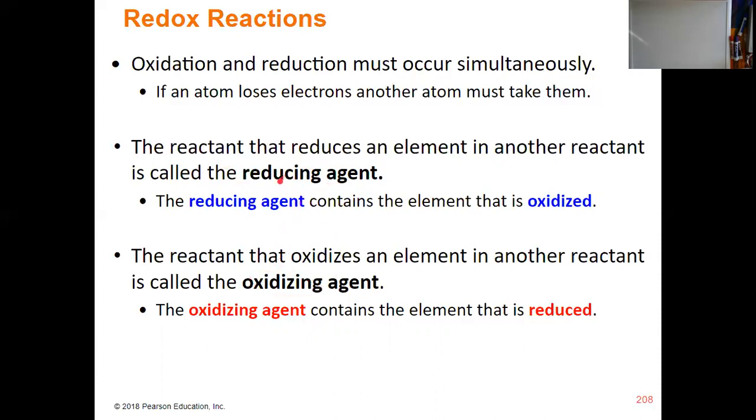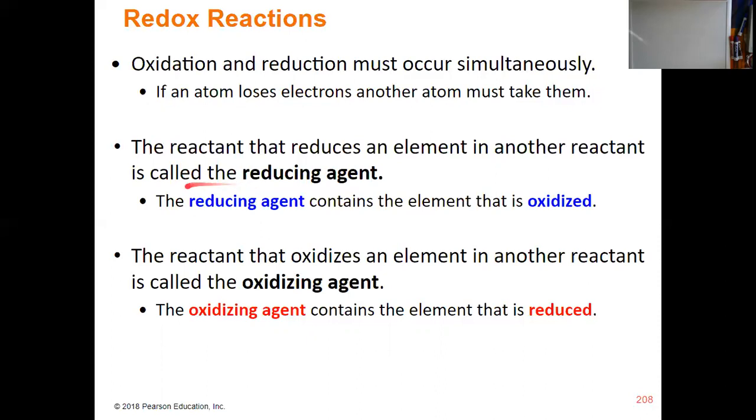Well, in terms of a reducing agent, what causes reduction? Reduction is caused by the oxidation of something else, right? If reduction means gaining electrons, where do those electrons come from? They come from an element that's oxidized, okay?